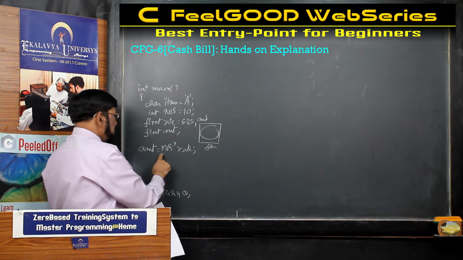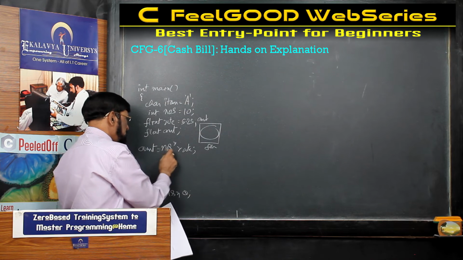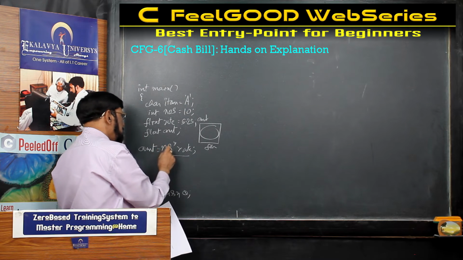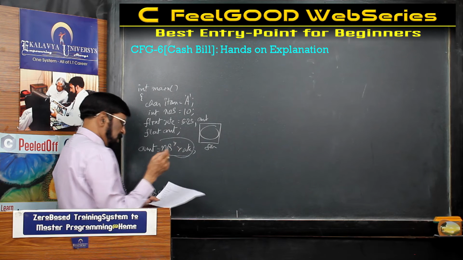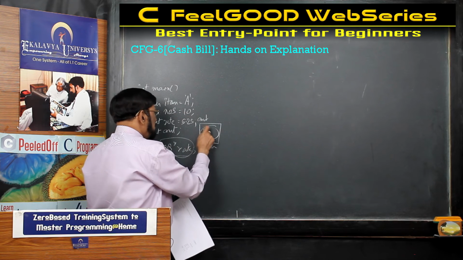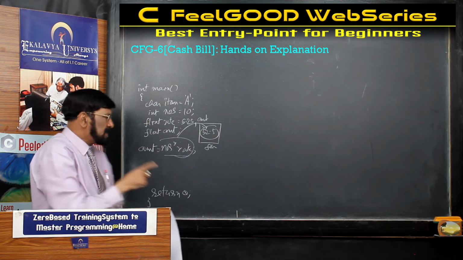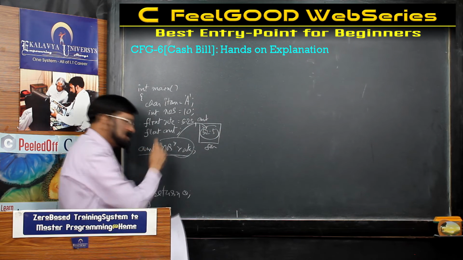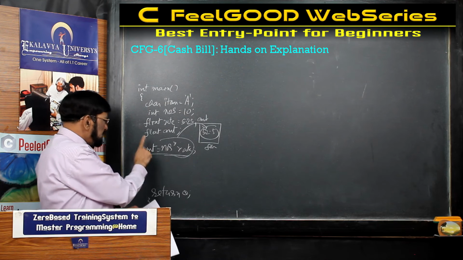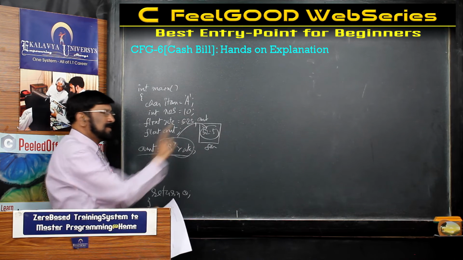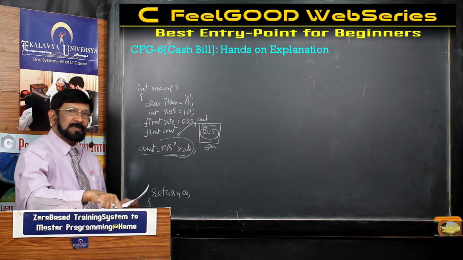Now I told you, as soon as this is executed, meaning this formula is calculated, whatever amount comes, in this case 52.5, is filled here. This is the understanding. Whenever the processing statement is executed, then it is filled with 52.5. That point you have to understand.